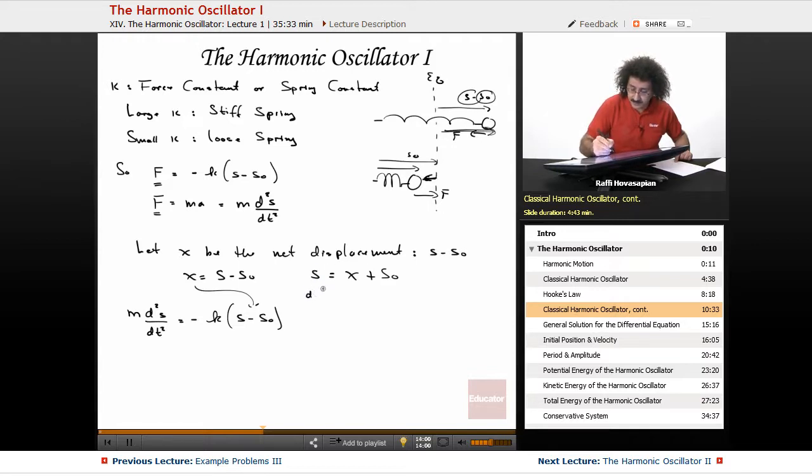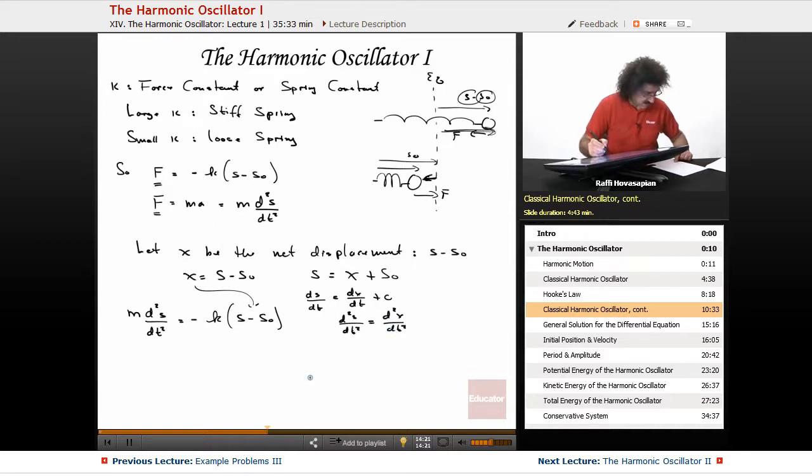So ds/dt equals dx/dt. This is a constant. It's just the equilibrium position, so the derivative is just 0. And then, of course, if I differentiate twice, it's just going to be d squared s over dt squared equals d squared x over dt squared.